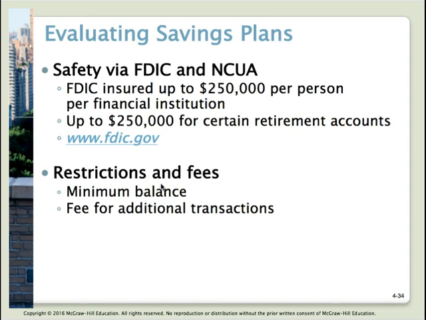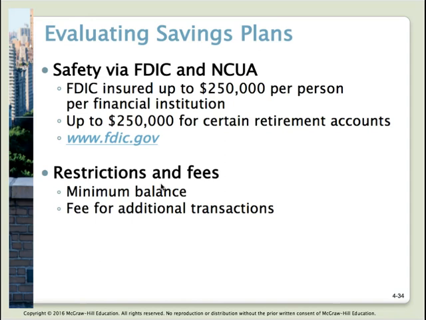So most savings plans at banks and savings and loan associations, and then credit unions through the NCUA, are insured by agencies affiliated with the federal government. The FDIC, Federal Deposit Insurance Corporation. Coverage prevents a loss of money if that institution where you have your money fails. And the credit union does that through the NCUA.